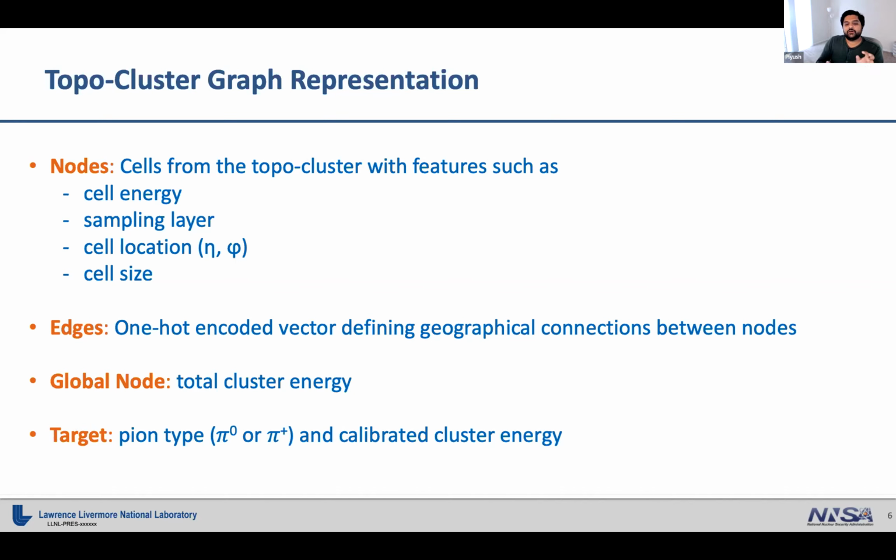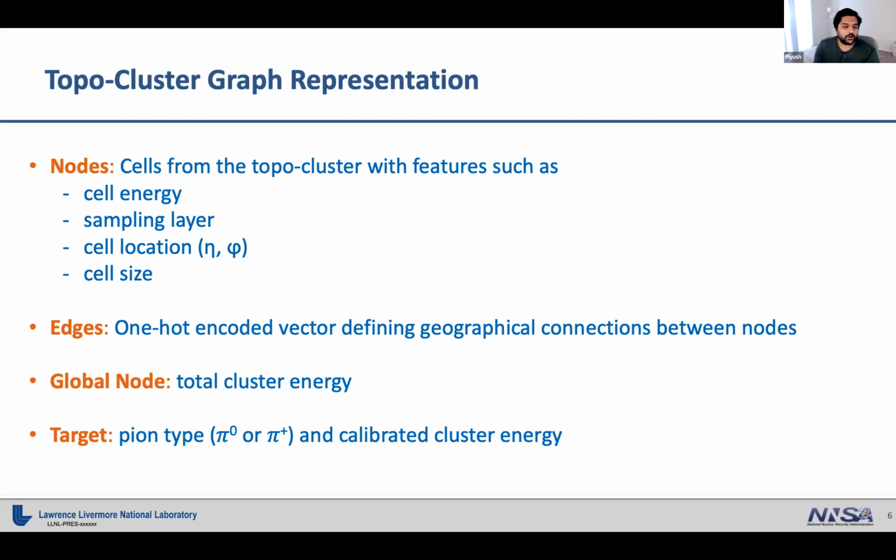So it just gives you a geographical connection between the data, and this gives you a nice structure to the graph, which is defined by the actual geometry of the calorimeter, and not really based on any heuristic like KNN or any other measure, or even like a fully connected graph, which would be really expensive to compute.